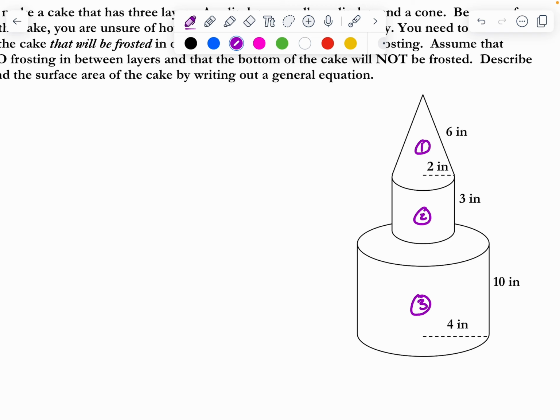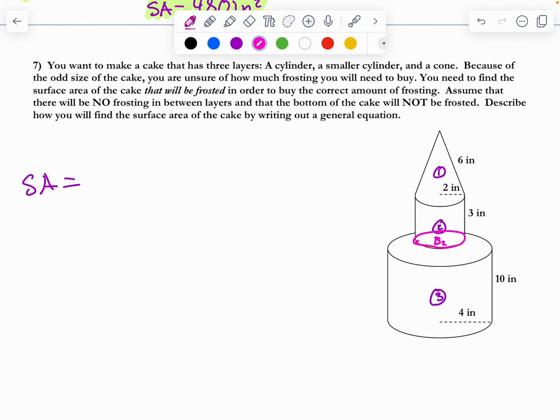Now, one other thing I want to point out is we're going to call this base 2 because we're going to need to subtract that from the big base, which is in this case, the purple shaded area, base 3. And again, this says that there's no cake between layers and that the bottom will also not be frosted. So we don't want this space either. But we do want the top here.